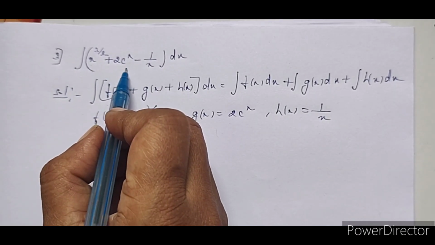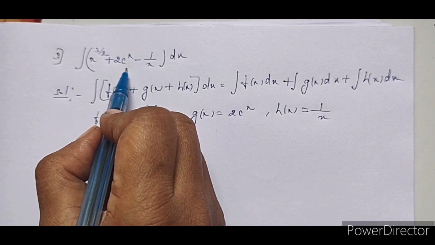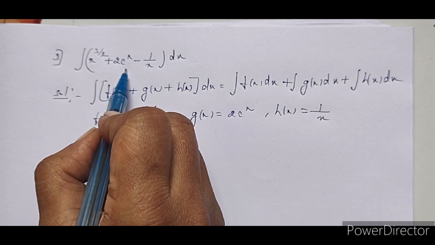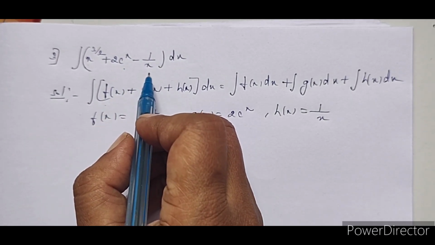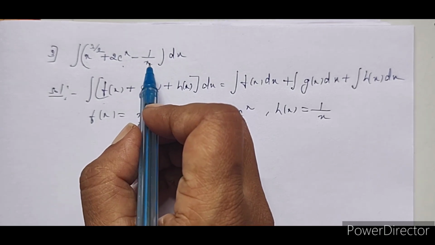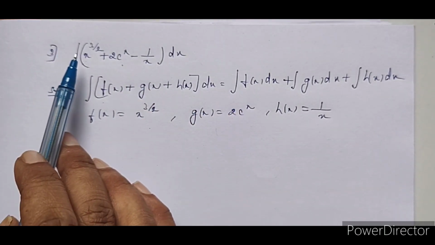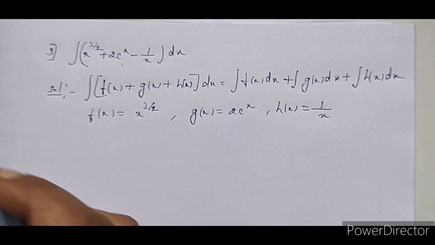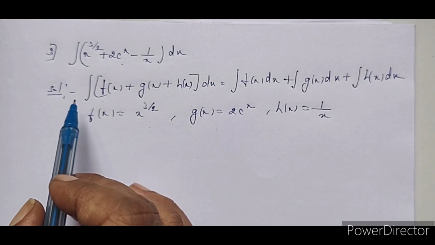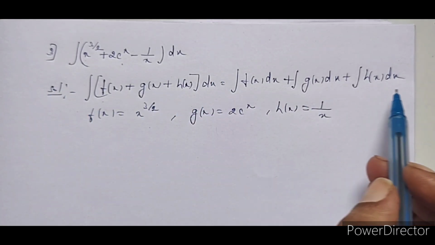For the second term, the integration of e to the power of x is e to the power of x, and the integration of 1 by x is log x. So for each term we have a standard formula of integration which can be applied. To apply that, we should first apply this rule of integration.